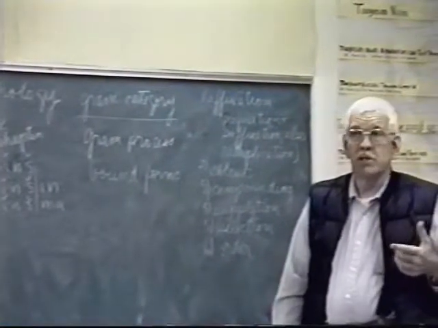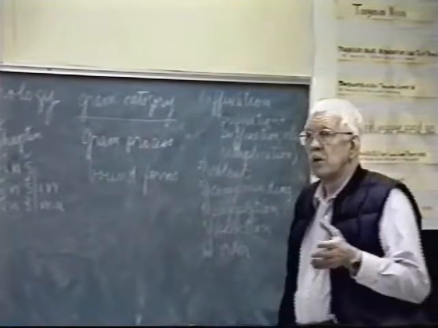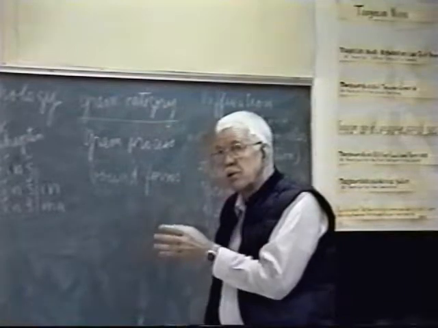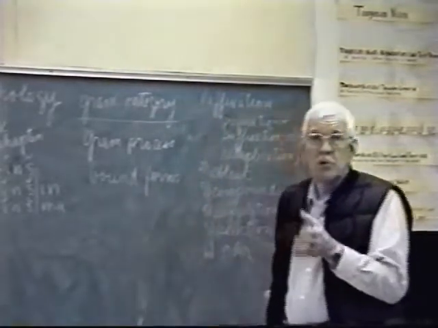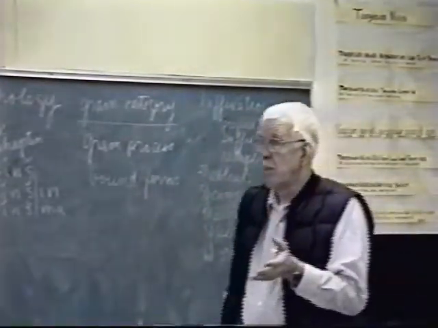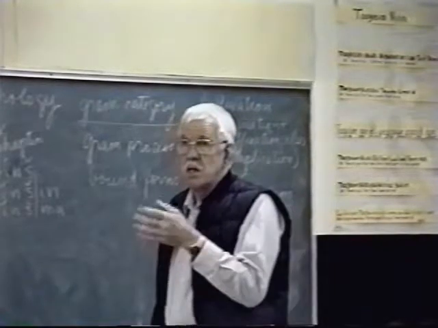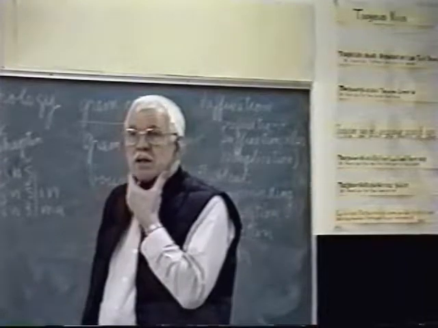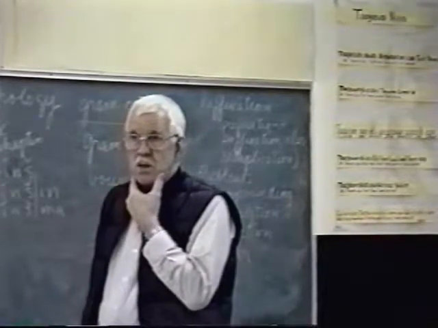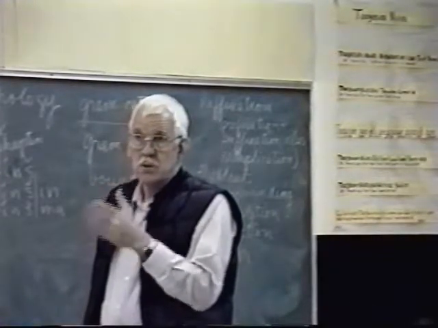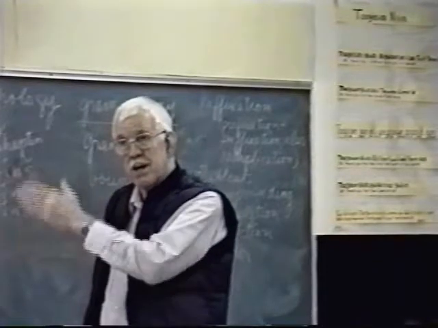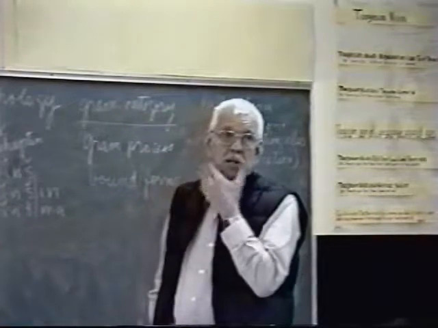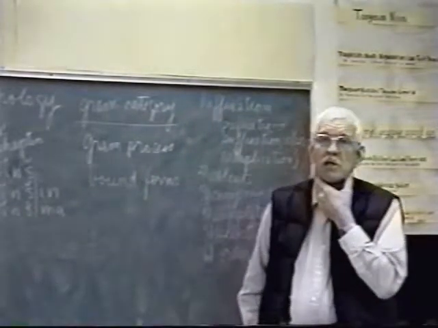A prefix is simply a bound form that is attached to the beginning of a stem. A suffix is a bound form that occurs at the end of a stem. Quite often you can have several prefixes pile up in forming complex words. Similarly, you can have several suffixes.